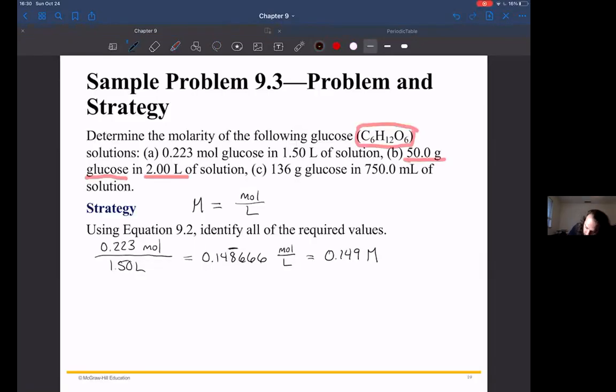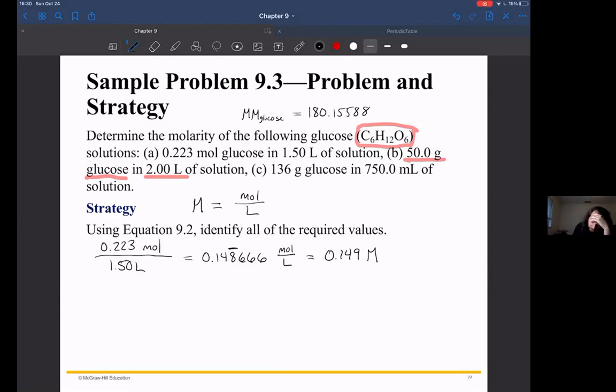I'm going to just tell you that I calculated the molar mass for glucose, and that was 180.15588. Remember, for molar masses, you always keep all your digits so you don't incur any rounding errors. You only ever round at the last step of a problem.